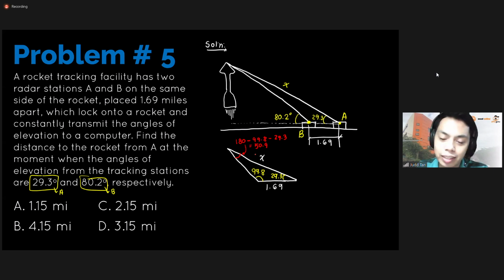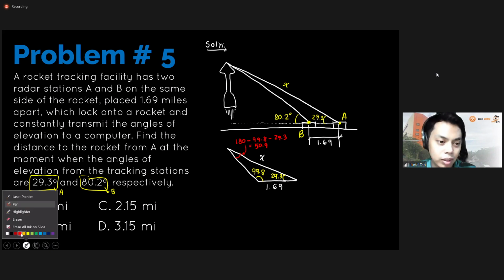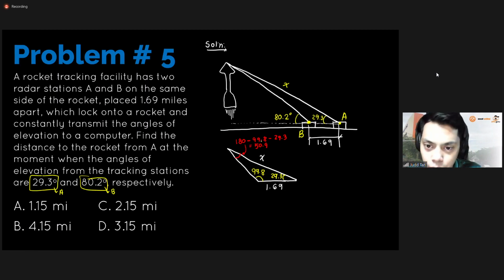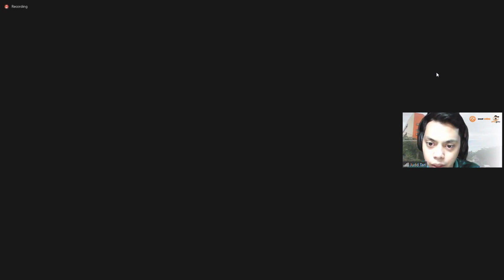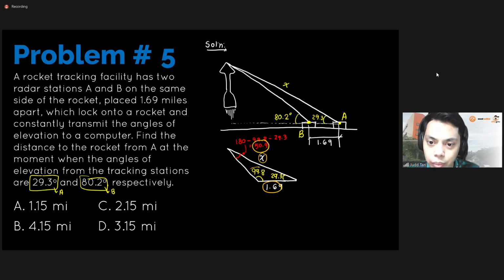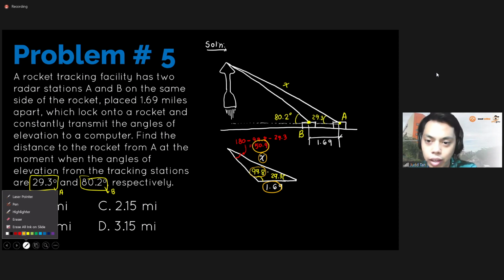Alright. So, guys, okay na kasi may pair tayo. Pair kasi yung hinahanap kapag sine law. So we have one value opposite dito, and then yung pair eto, tsaka eto. Sila po yung pair. So solve na natin. Sine law tayo.